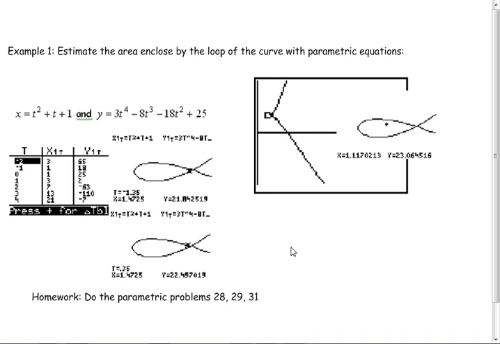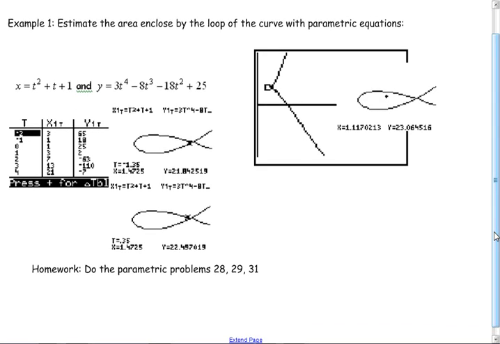Okay, so let's do this. Here's one t value, and here's the other one. Notice the signs there. Okay, remember what it is. It's the integral of y dx. What's y?